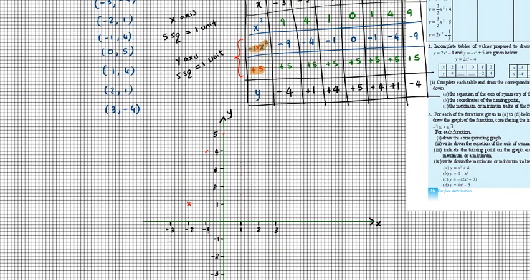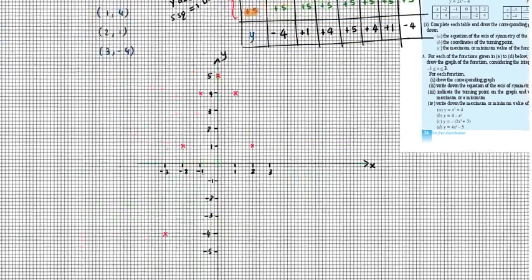Next coordinate 0 comma 5. So x is 0, y is 5. Next coordinate 1 comma 4. Next coordinate 2 comma 1. The next coordinate 3 comma -4. Right, so 3 comma -4.